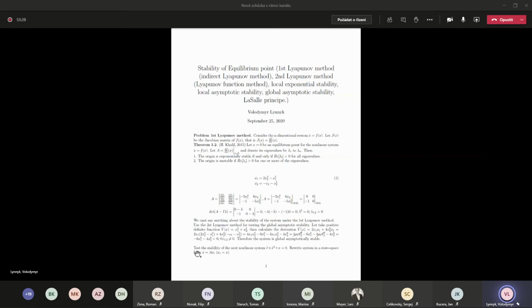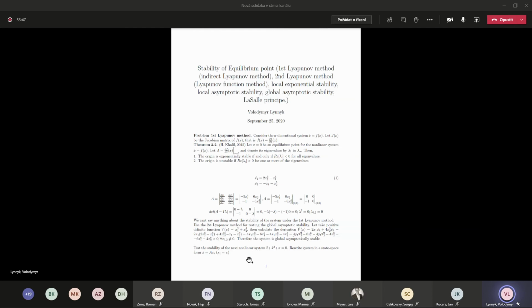The second example is to test the stability of the next nonlinear system: x double dot plus x dot cubed plus x equals 0.